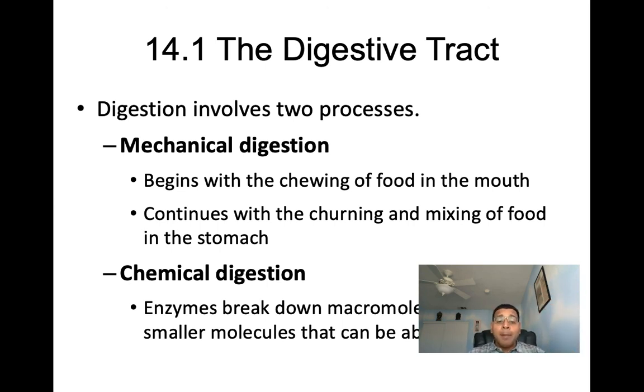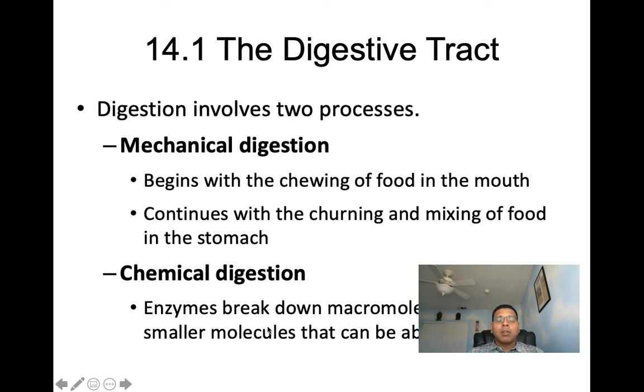Now, during chemical digestion, various enzymes will come into play, and they're going to break down macromolecules, big molecules, right, into smaller molecules that can be absorbed. This is talking about starchy foods, proteins, lipids, all being broken down to their constituent building blocks.